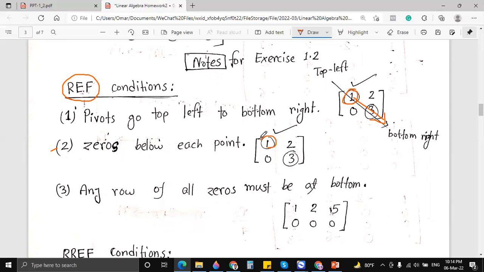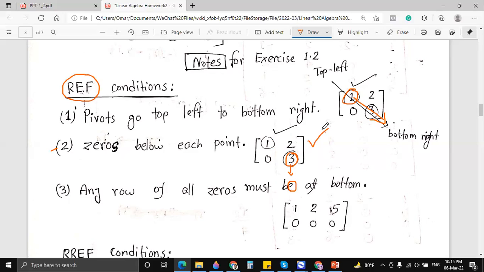All the numbers below this pivot point will be 0. For example, we have 1 here, so below 1 we need to make all the numbers 0. We have a 0 here, so that's okay. And for the second column, here is 3. Below 3, we don't have any number, right? So if we don't have any number, we can just treat that as 0.